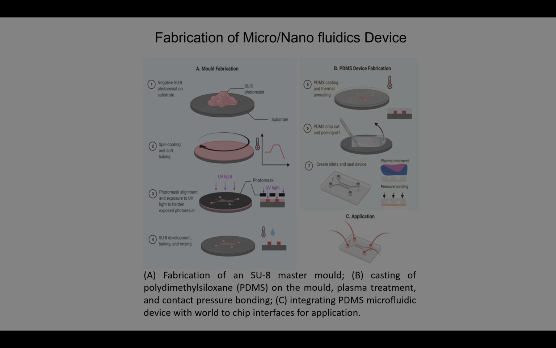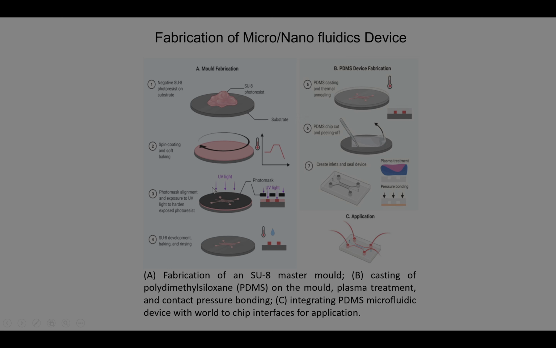Here I have shown, in the left side image, the mold fabrication where the photoresist has been spin coated on the substrate. After that, this shows that the temperature for the soft baking is gradually increasing and then gradually decreasing to room temperature. Then it has been exposed with UV light, and after the exposure, this is how it looked.